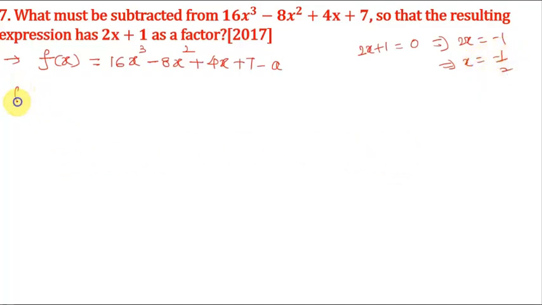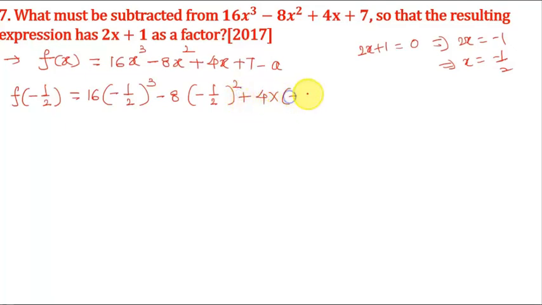Therefore, here f of minus 1 upon 2 is equal to 16 in bracket minus 1 upon 2 whole cube minus 8 in bracket minus 1 upon 2 whole square plus 4 into minus 1 upon 2 plus 7 minus a, and that's equal to 0. Next, simplification.